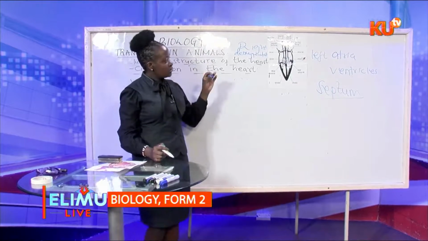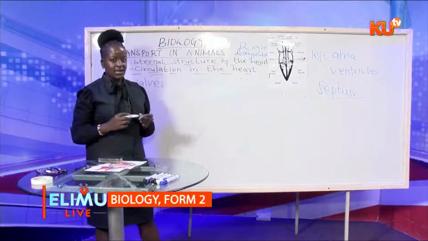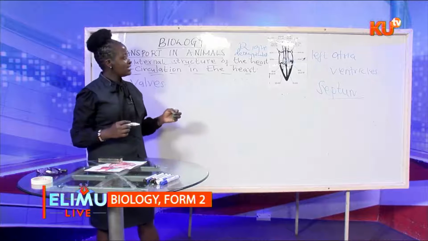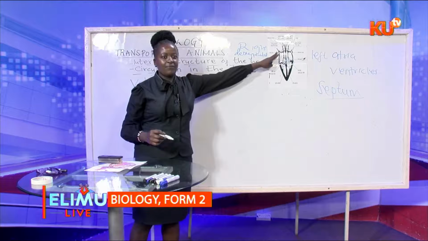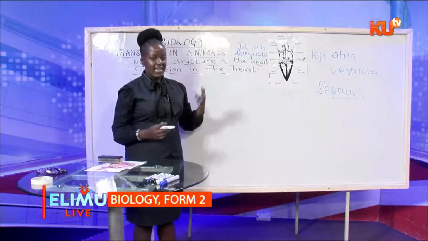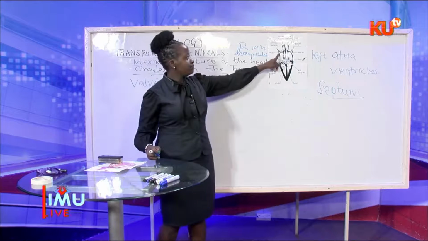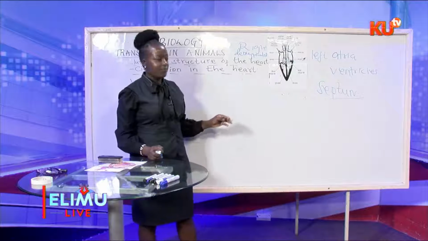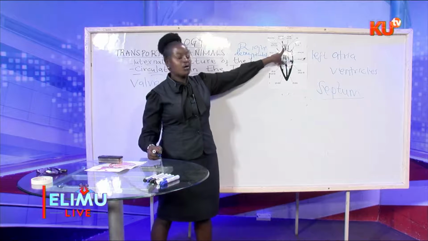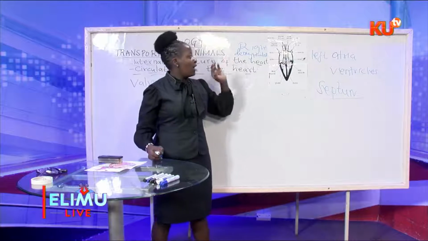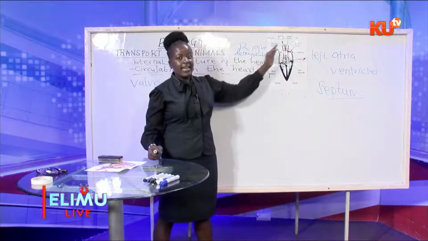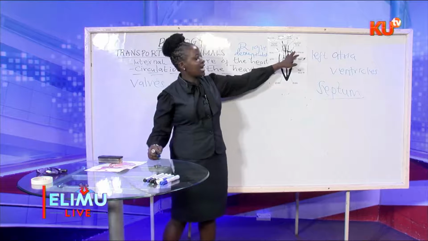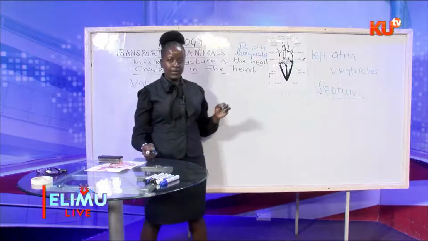We have the tubes that connect to the heart, and these tubes, number one, we have the vena cava. On the right side, we have the vena cava. After the vena cava, we have pulmonary artery, followed by the aorta, and lastly, the pulmonary vein. I will repeat.